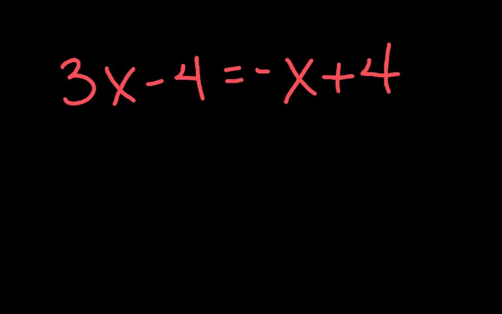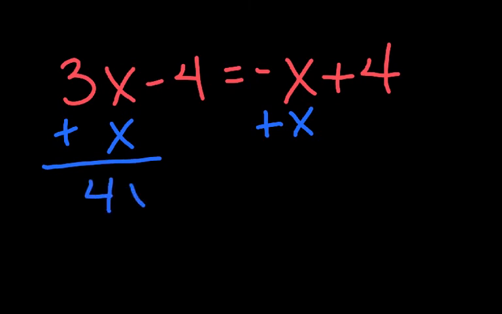For number 18, I want you to go ahead and show the work on how to solve for x as well, even though you know how to do it on the calculator now. Just in case it asks you something like, what's the first step to solving this problem? The first step would be to get the x's on one side. So you would add x to both sides, which gives you 4x minus 4.